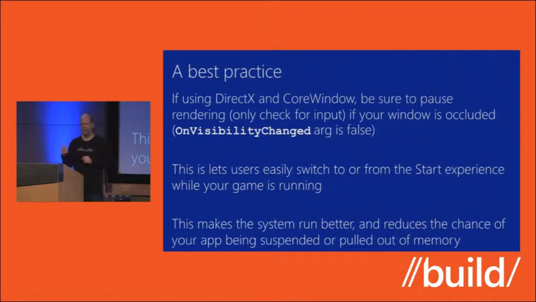That's because we know that you're going to be coming right back to your game after they check that live tile. So what we'd recommend is to check for the onVisibilityChanged event, which is pretty common. Certainly it's something that all of our samples using Core Window implemented. And that way you can do things like throttle your frame rate back.